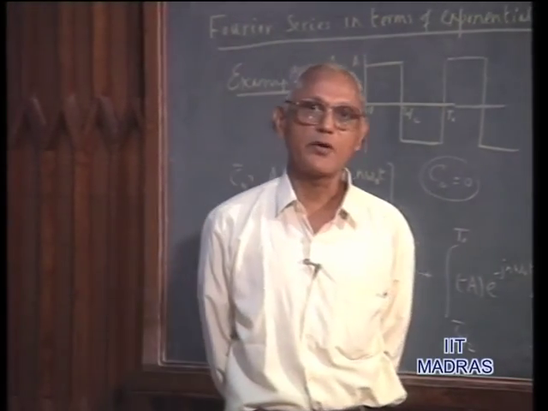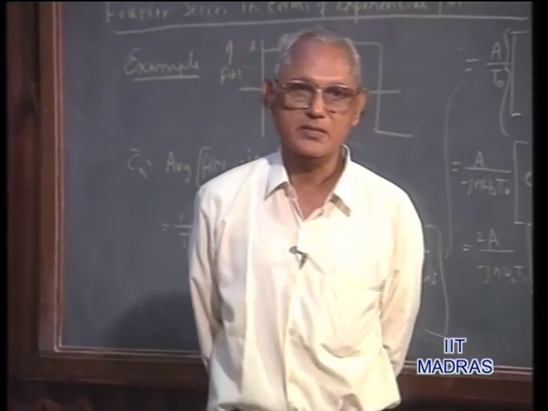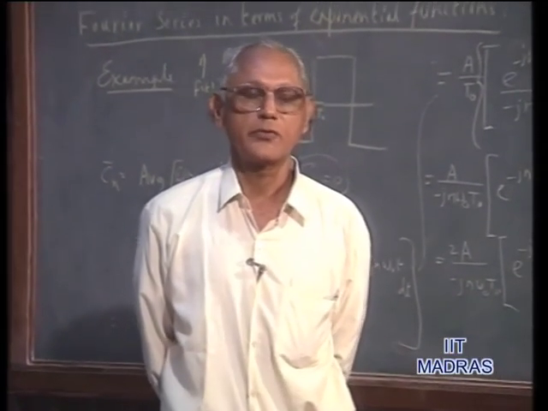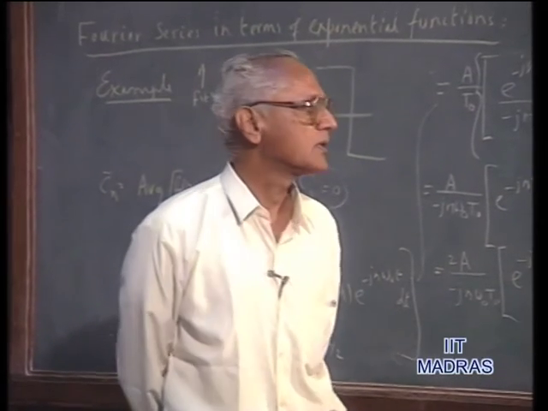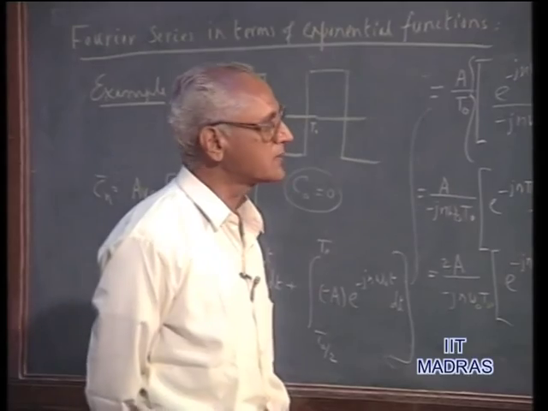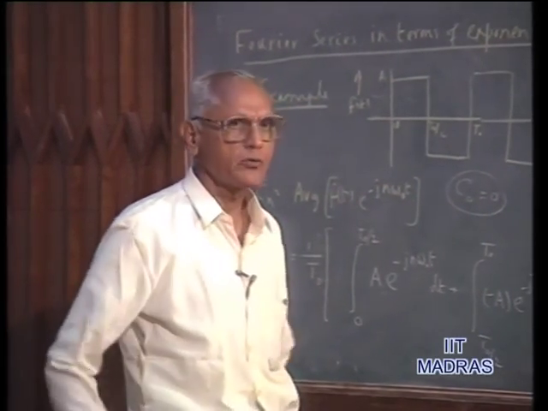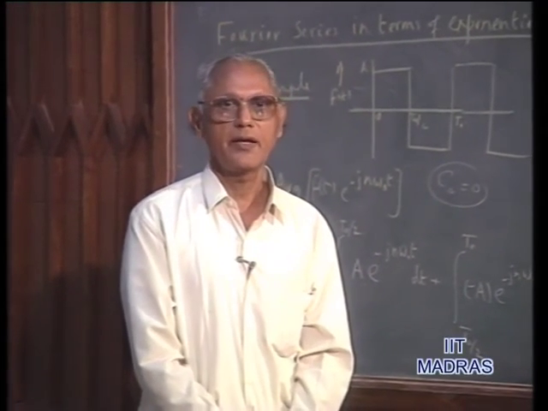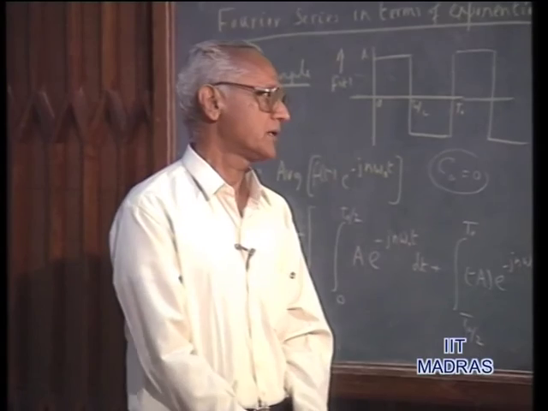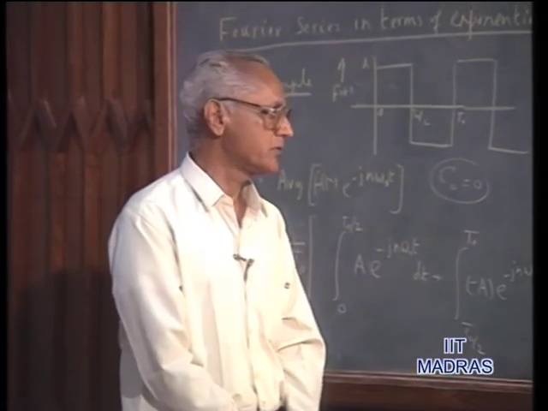The price we have to pay for that is, of course, we have to use complex algebra because Cn is a complex number, whereas if we are calculating An and Bn, we have to deal with real functions only. So we have to pay a price for it, but nevertheless it leads to a very compact notation. So we have two alternative ways of expressing Fourier series, one in terms of the An and Bn coefficients, other in terms of Cn, and one can always convert one set of coefficients into the other.